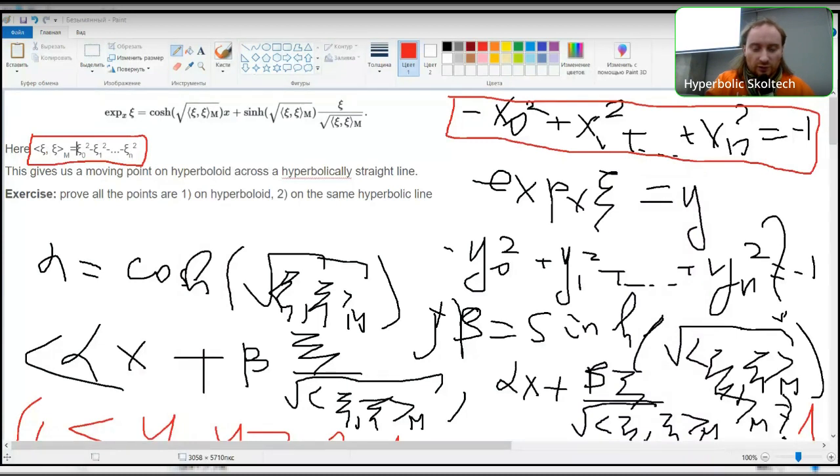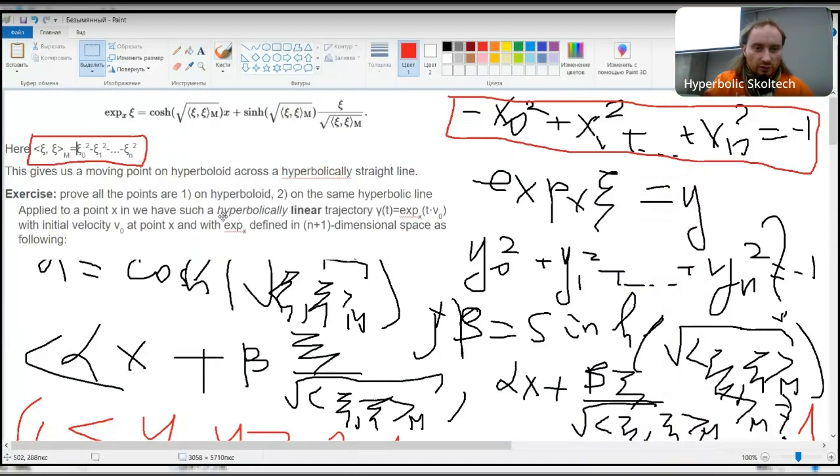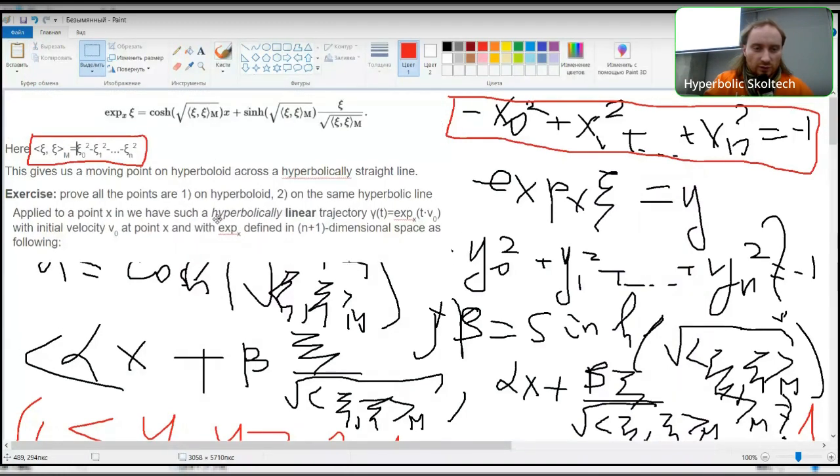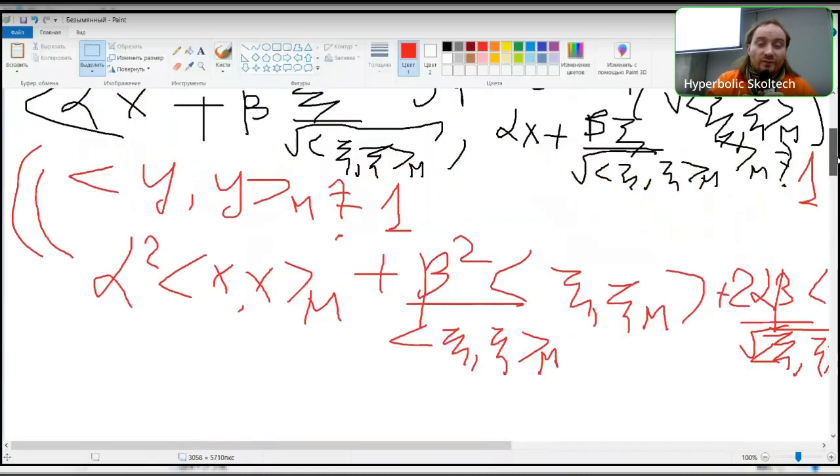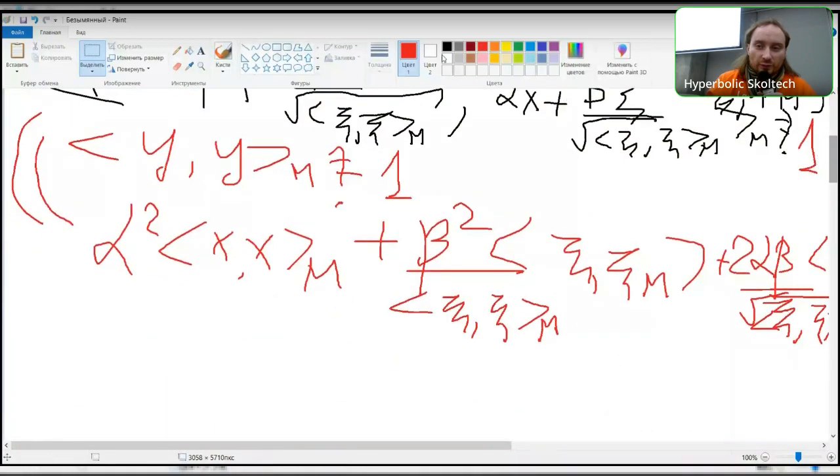Actually we have that our psi is a tangent vector. So it's a velocity. So actually we already did the computations with it.